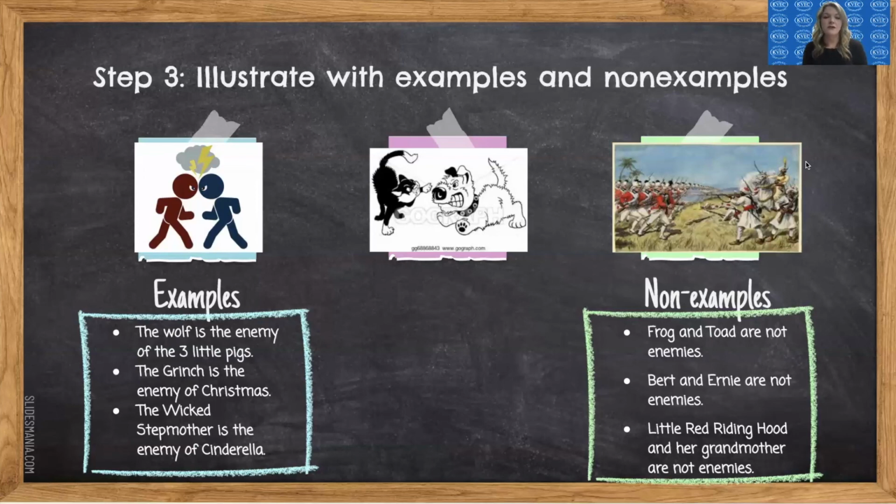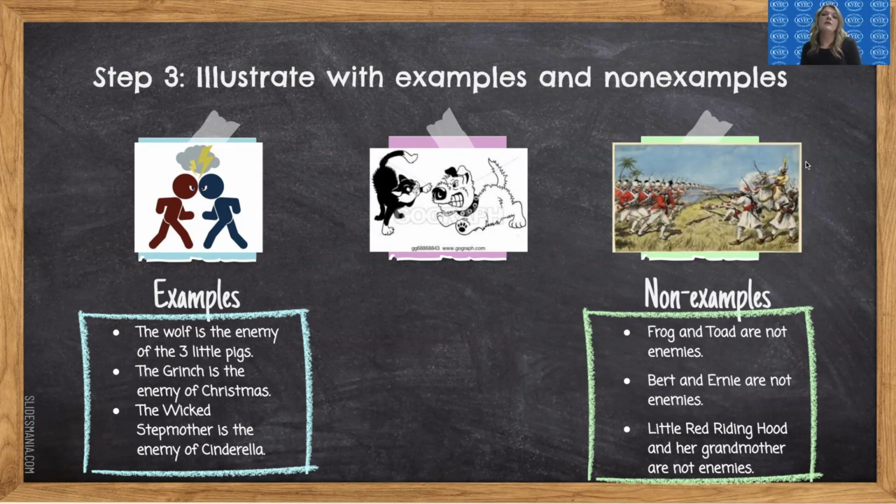That's why it's important, which I know you guys already know this, to know your kids and know what they are into. And then you can say, okay, another example of enemy is the Grinch is the enemy of Christmas. And the wicked stepmother is the enemy of Cinderella. You can just pull any examples like that.